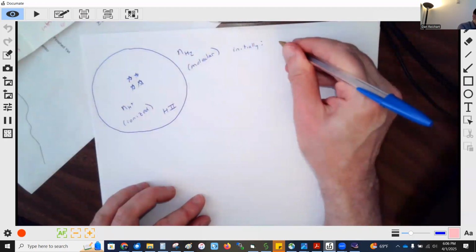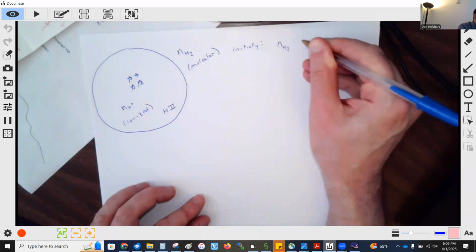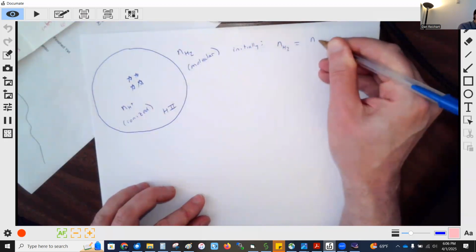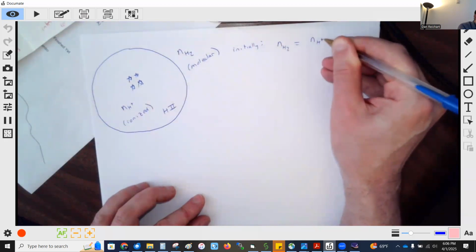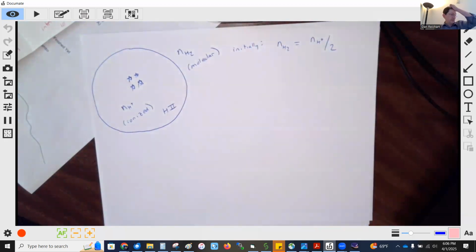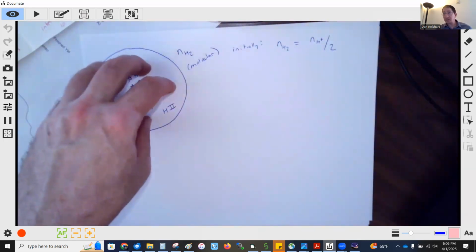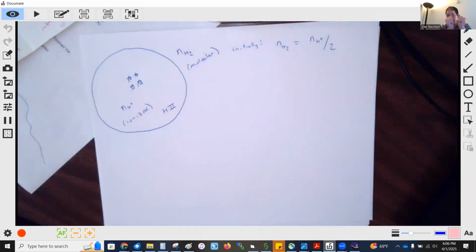Now, initially, it's really easy. Initially, the density of that outside molecular gas is the density of the interior gas that you just calculated divided by 2. Why? Well, before the stars turned on, it was molecular gas in here. Each particle had 2 protons because the hydrogens were stuck together. Then when you ionized it, knocking off all the electrons that held these 2 hydrogens together, the protons are free.